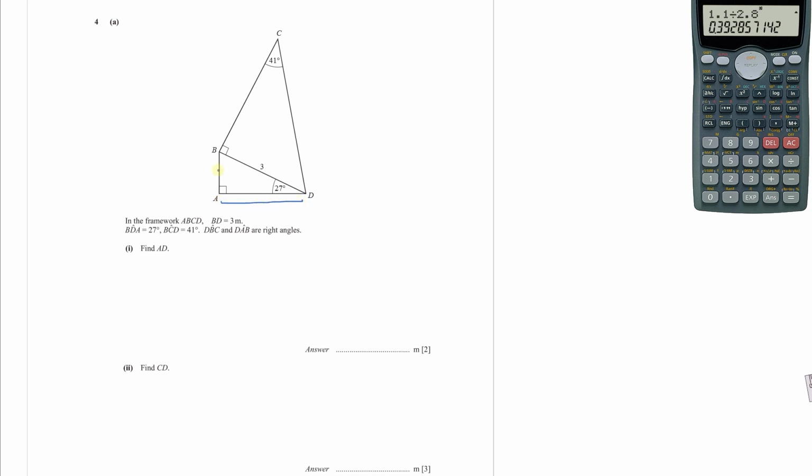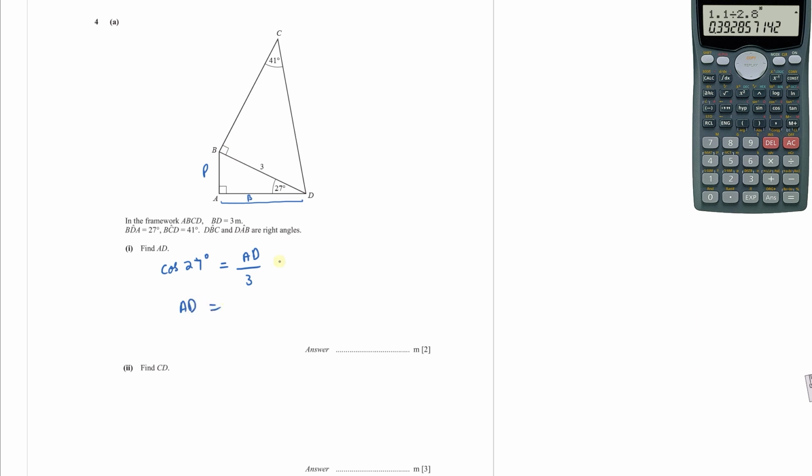So if I consider this right angle triangle BAD, I'm given the hypotenuse and I'm given one angle. This is the perpendicular and this is the base. So base over hypotenuse is cosine theta. So cos of 27 degrees equals base, which is AD, divided by the hypotenuse, which is 3.